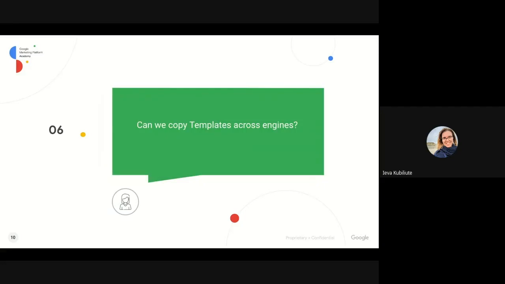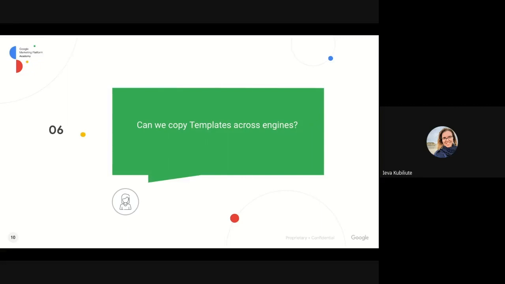Next question, can we copy templates across engines? Yes. Currently, we have an option to copy templates, and it's possible to do across different engines as well. We have a Help Center article that you can refer to because there are some examples of how the copy can be established. We have 3 different options, so you can choose to copy this one specific template. You can also choose to reuse templates.